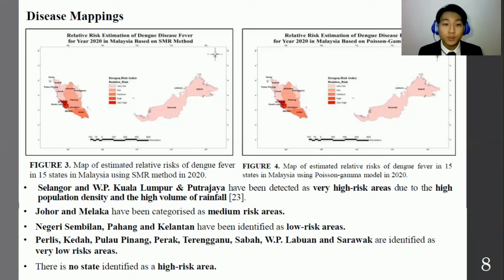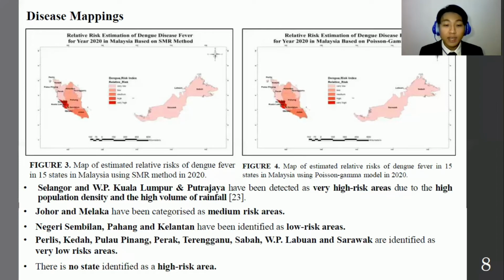Figures 3 and 4 show the disease mapping of the estimated relative risk of dengue fever in the 15 states in Malaysia in 2020. Figure 3 is using the SMR method, while figure 4 is using the Poisson-Gamma model. From the mapping, we can see that Selangor and Kuala Lumpur and Putrajaya have been detected as very high-risk areas due to the high population density and the high volume of rainfall.